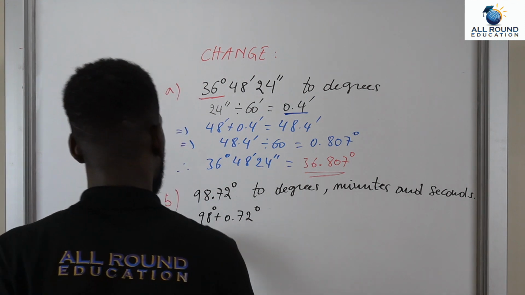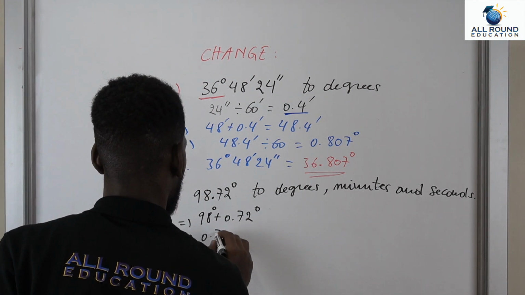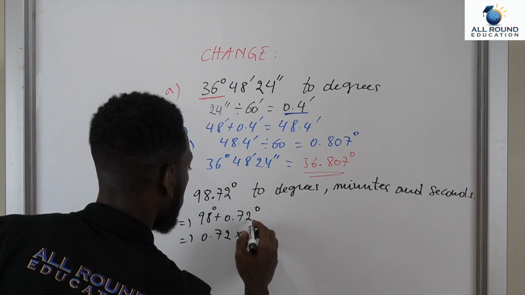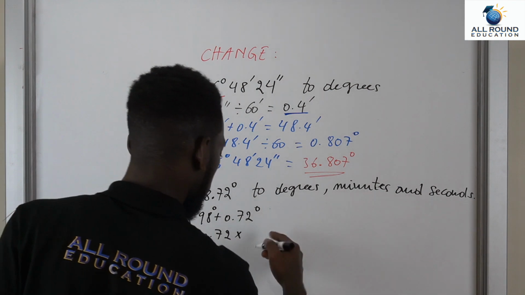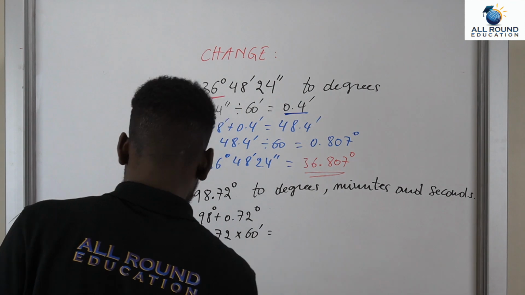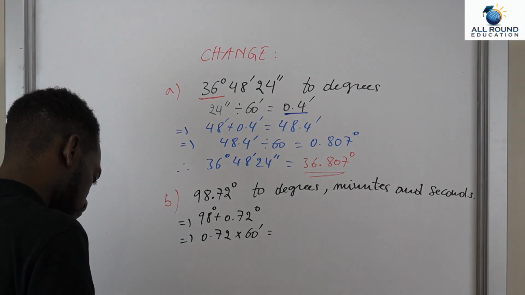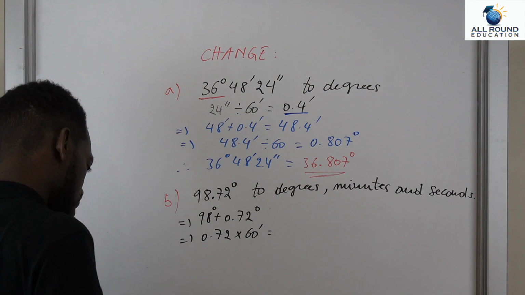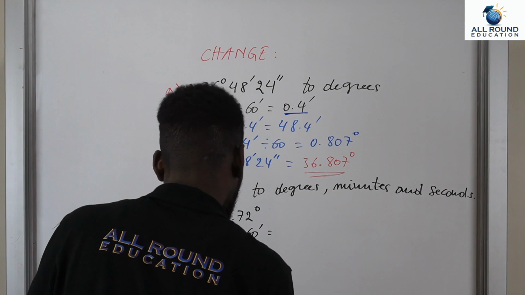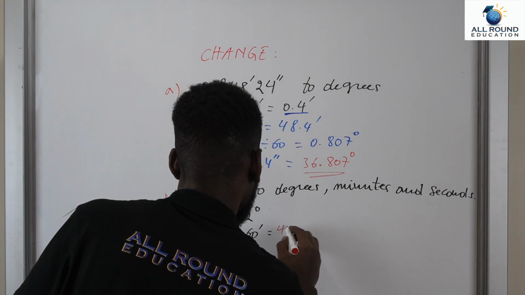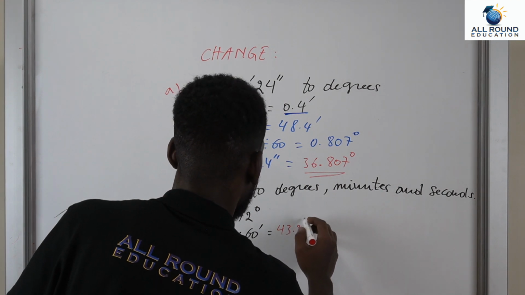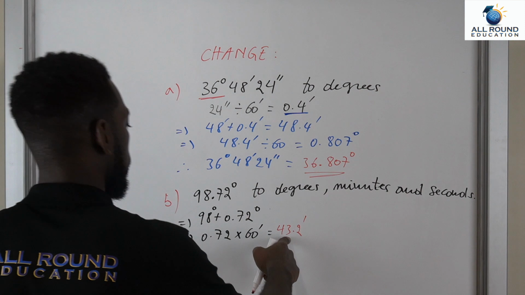Now the 0.72 degrees, we're going to multiply by 60 to get minutes. So 0.72 times 60 gives us 43.2. This is minutes, but we need to break this down.